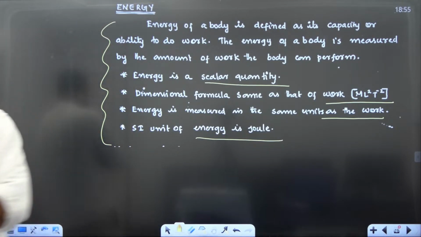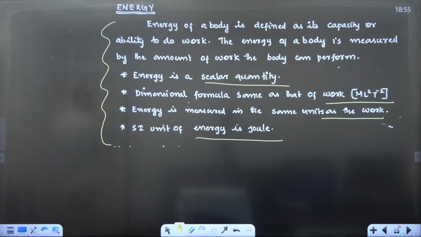SI unit of energy, joule. Note it down, energy.